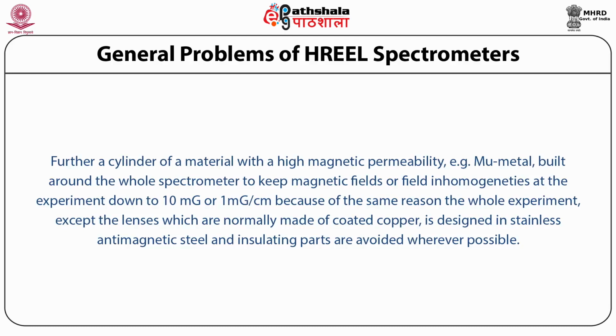For the same reason, the whole experiment, except the lenses, which are normally made of coated copper, is designed in stainless anti-magnetic steel, and insulating parts are avoided wherever possible.